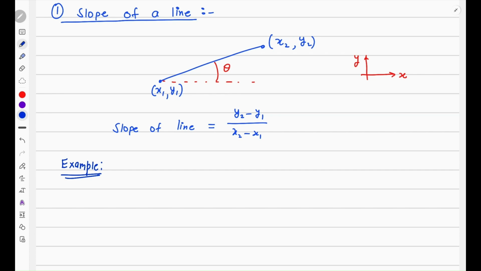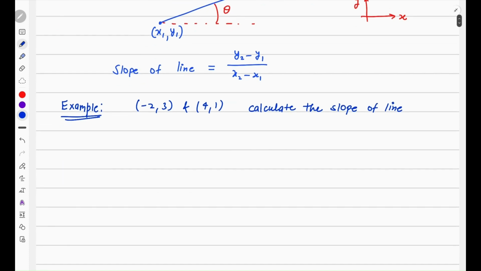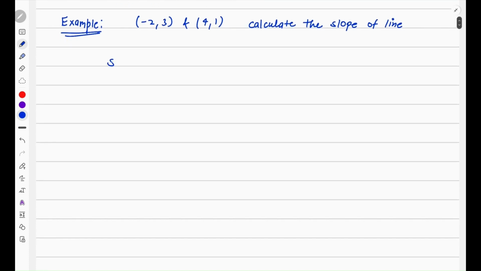we have to calculate the slope of the line for the points given. So how can we do that? To calculate the slope, we have to remember the formula: y2 minus y1 over x2 minus x1.